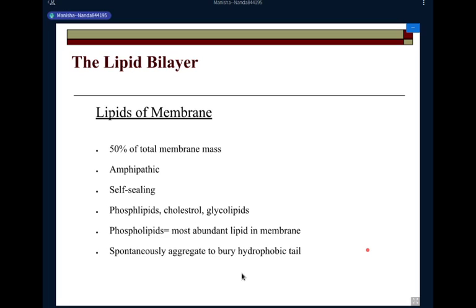These lipids form 50% of the total membrane mass. They are amphipathic in nature, which I have already told you, with a hydrophilic phosphate head and a hydrophobic hydrocarbon tail. Then these lipids are self-sealing. Lipids have a tendency to self-seal.